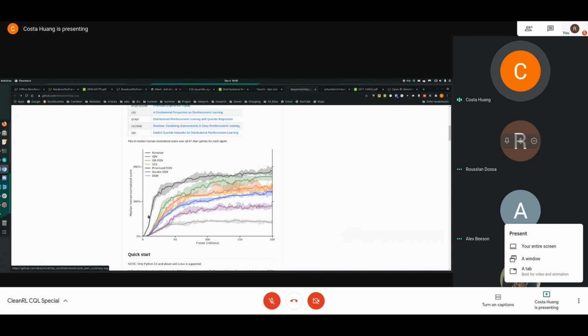Yeah, so I guess they have to tune it such that Rainbow performs better than everyone else. Always take it with a pinch of salt. Especially the offline stuff.